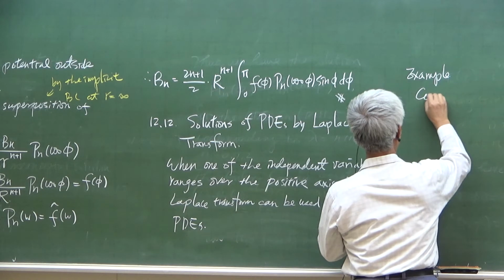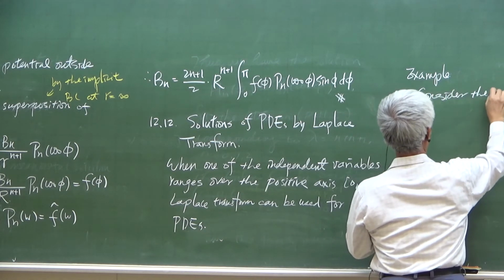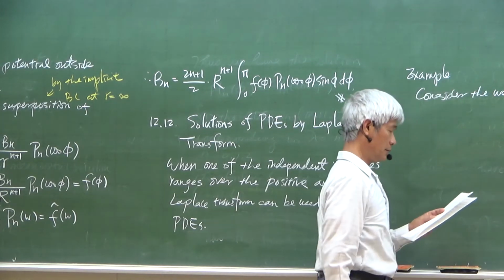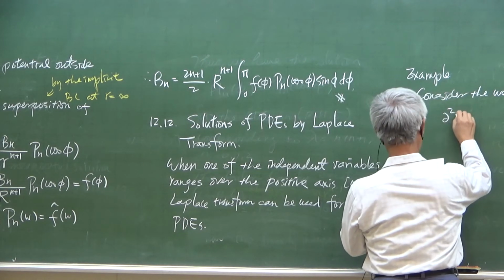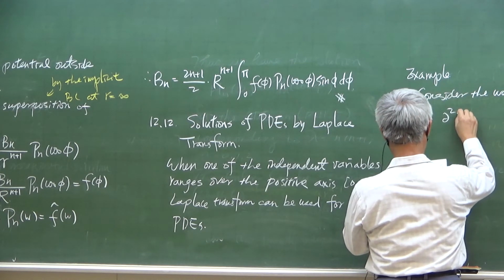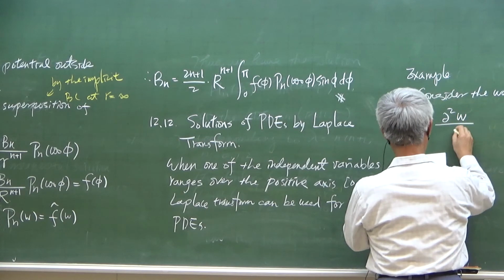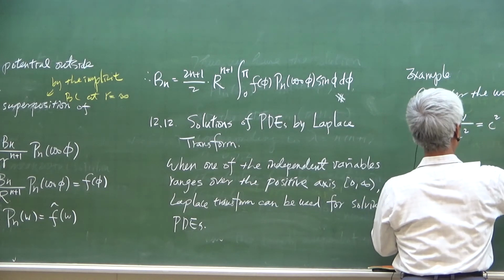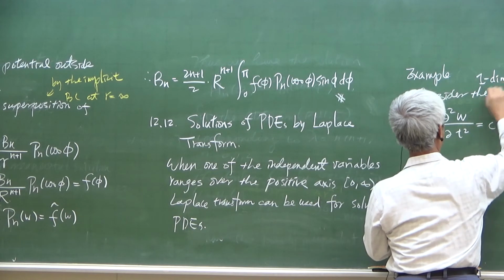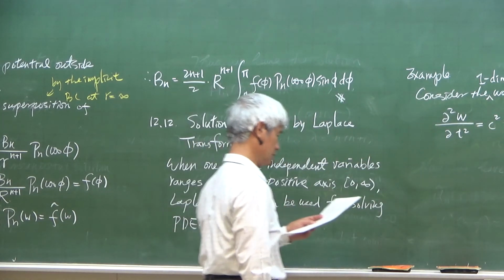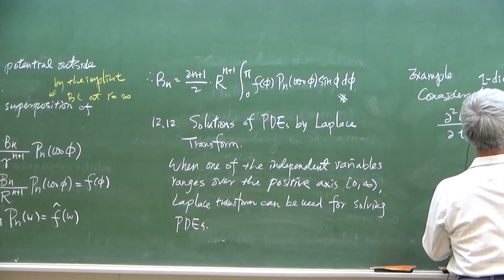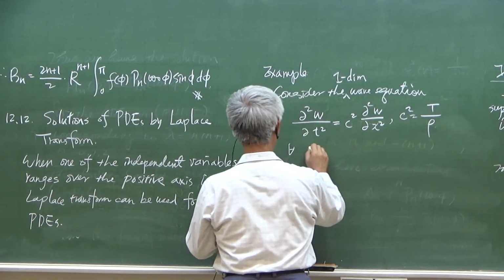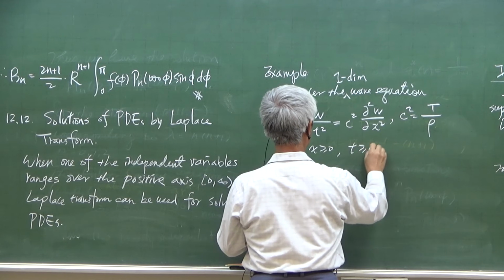Right, so consider the wave equation. One dimensional, sorry, to specify, consider the one-dimensional equation, where c squared is the tension divided by the mass density, for all x greater than 0 and t greater than 0.